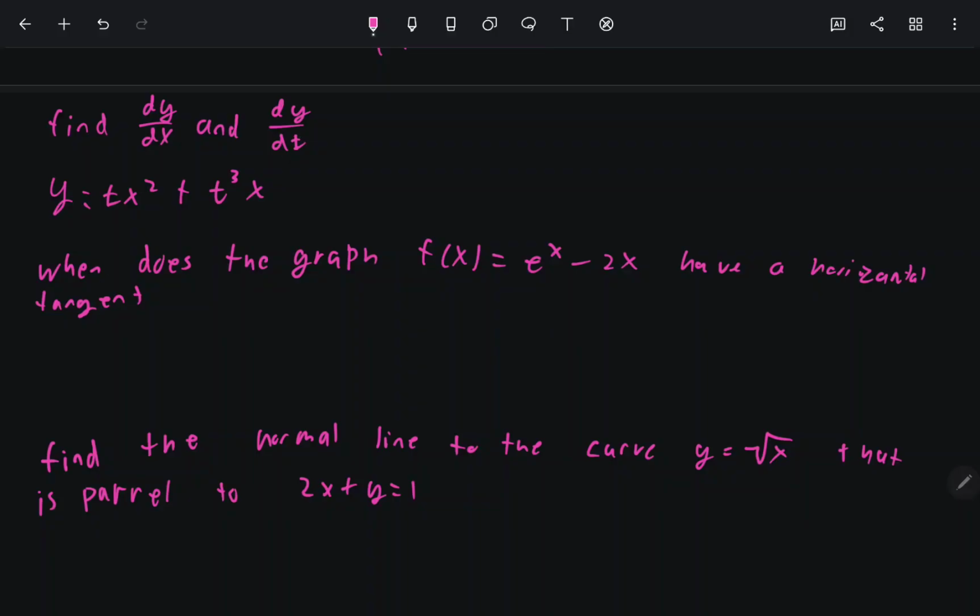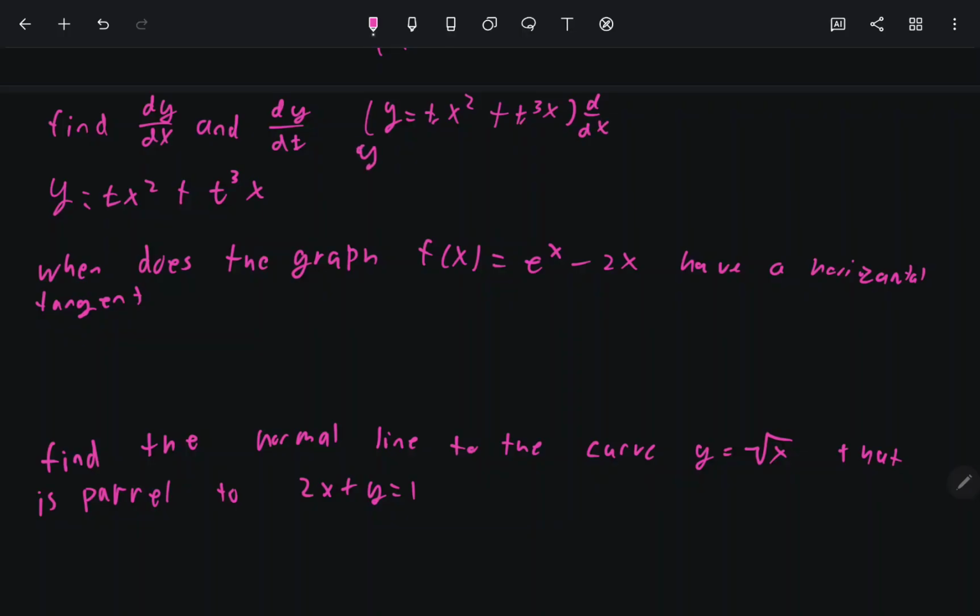So, in this case, whenever I go to find dy dx, so we're going to say y is equal to t x squared plus t cubed x. Well, we're going to take the derivative of both sides with respect to x.